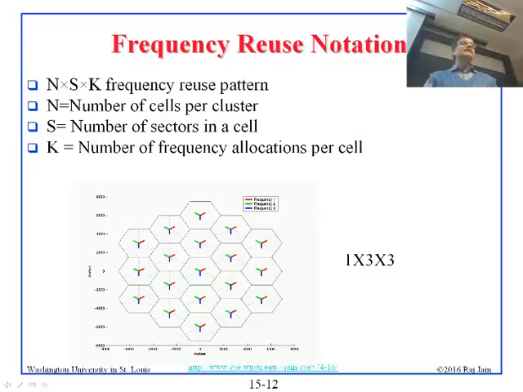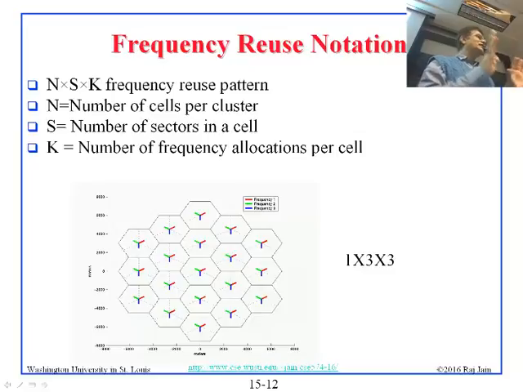Basically I was thinking the same thing, that shouldn't they tell me that I'm using 1 frequency per sector rather than 3 frequencies in the cell and 3 sectors in the cell? Which is an indirect way of saying that normally you would do that, right? And having said that, I could use 2 frequencies in 1 sector and 1 frequency in the other sector, so it does not have to be evenly divided.